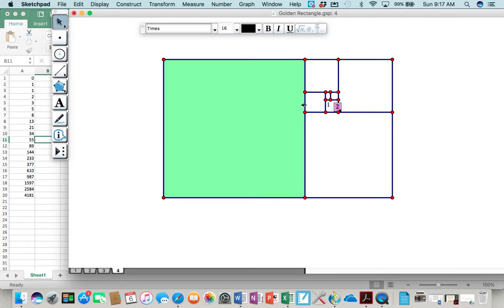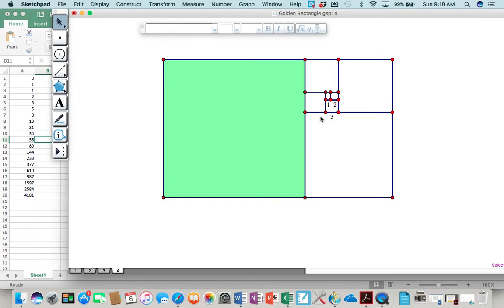Now we can see pretty easily that 1 plus 2 equals 3, and there it is right there, so 3. Let's move this into place.